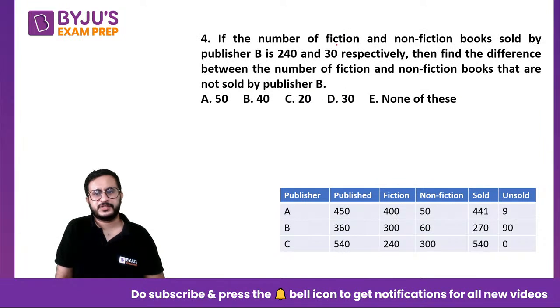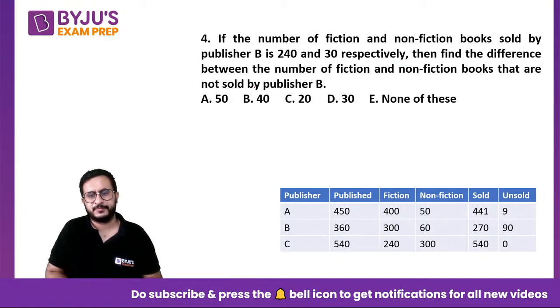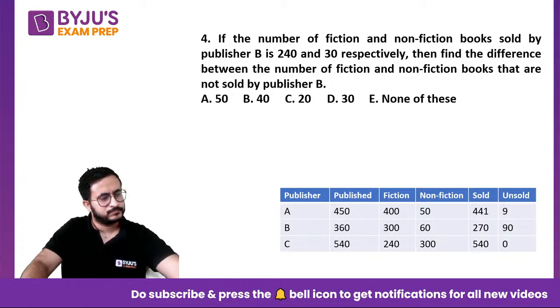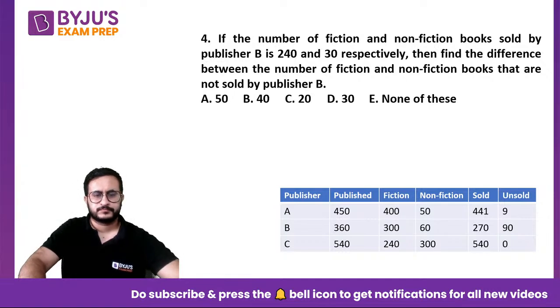If the number of fiction and non-fiction books sold by publisher B is 240 and 30 respectively, find the difference between the number of fiction and non-fiction books that are not sold by publisher B. So they have given the bifurcation of sold, and you have to find for not sold.